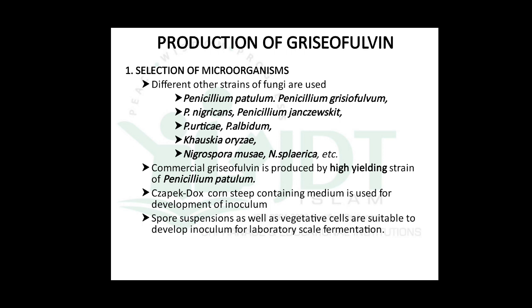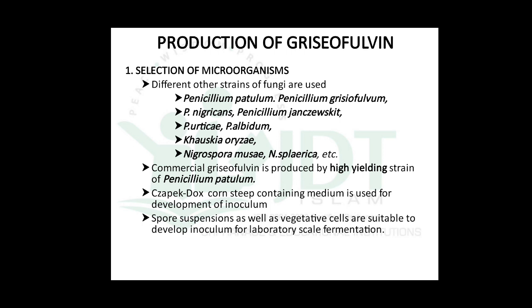Different strains of fungi can be used for the production of griseofulvin, like Penicillium patulum, Penicillium griseofulvum, Penicillium nigricans, Penicillium janczewskii, Penicillium urticae, Penicillium albidum, and Fusarium oryzae, and Nigrospora species. These are the different strains of fungi which can be used for the production of griseofulvin.